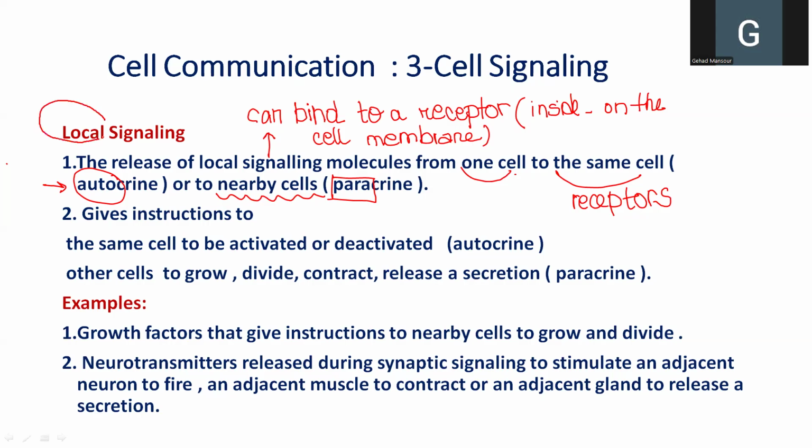It is called local signaling because this cell is a neighboring cell that lies in the nearby neighborhood of the producing cell, or the cell that produced the signaling molecules. When these signaling molecules bind to receptors, and they have to, because if the signaling molecule does not bind, suppose this is a receptor, and this is the complementary signaling molecule.